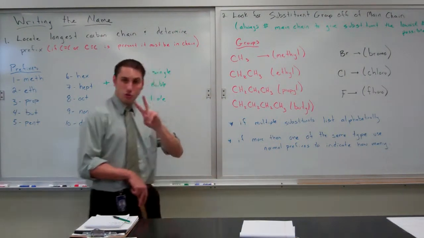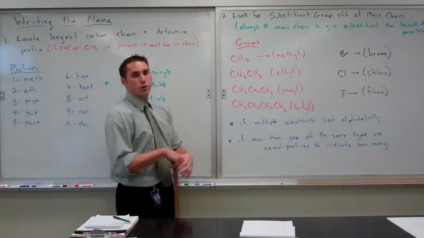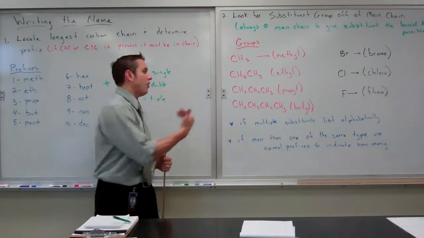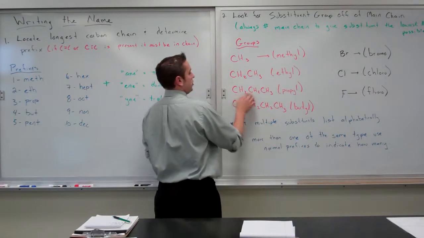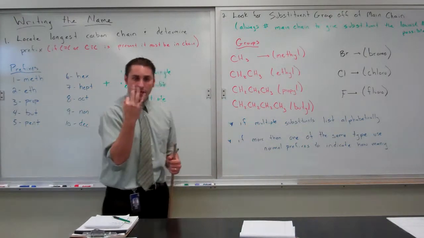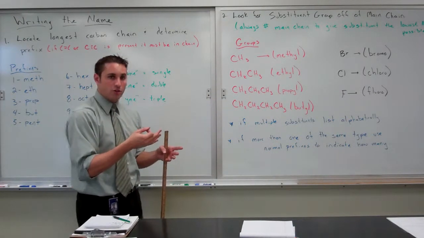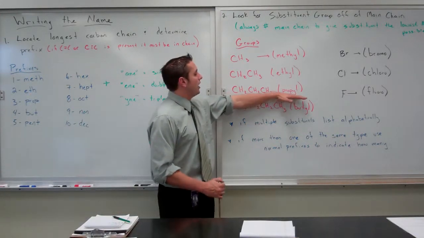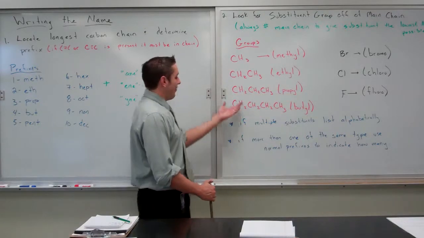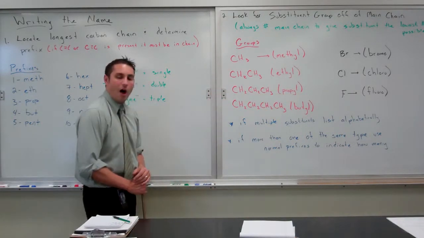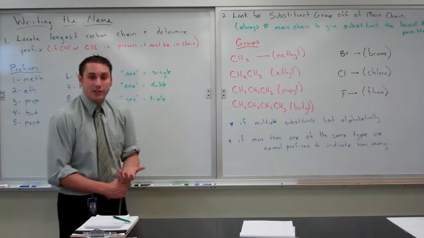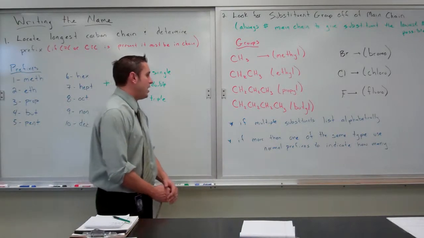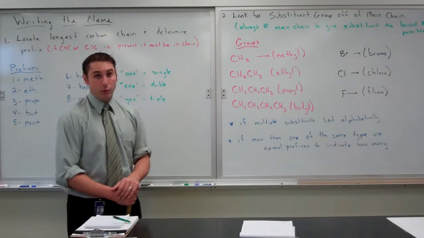CH2CH3 has 2 carbons, but as a substituent group, it's not eth, it's ethyl. CH2CH2CH3 are a chain of 3 that's off of a longer chain. Again, it's not prop. Whenever it's a substituent group, it's propyl. And then lastly, 4 carbons in a row off of a much longer chain, like a 9 or 10 chained carbon, would get the identification tag of butyl.